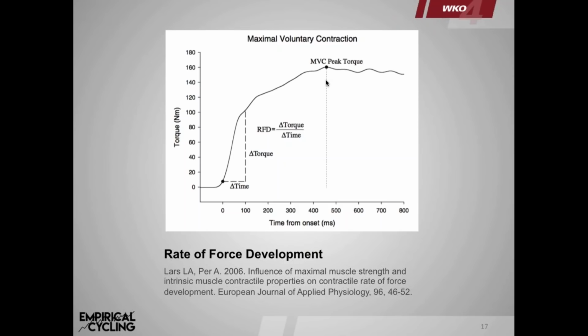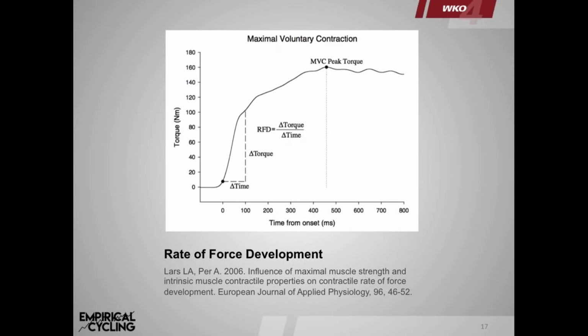So what does this have to do with sprinting? We can see here that in the first 125 milliseconds, remember that's as long as we have to develop force on the pedals at 120 RPM while sprinting, we're not really reaching our peak force at all.